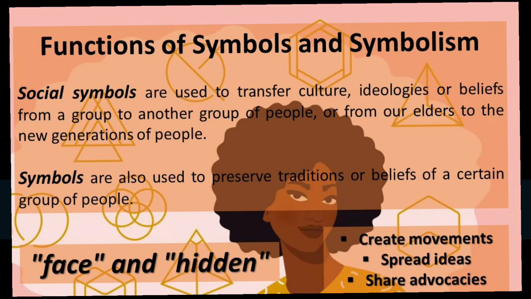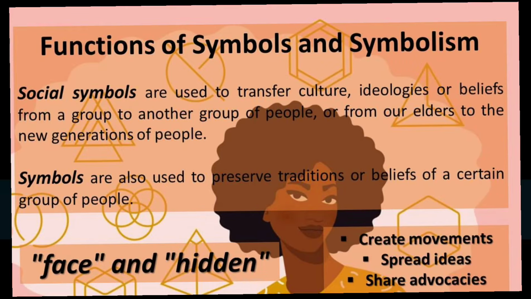Now let's talk about the functions of symbols and symbolism. Symbols and symbolisms are used and can be seen anywhere in our daily lives. So social symbols are used to transfer culture, ideologies, or beliefs from a group of people to another group of people, or from our elders to the new generations of people.